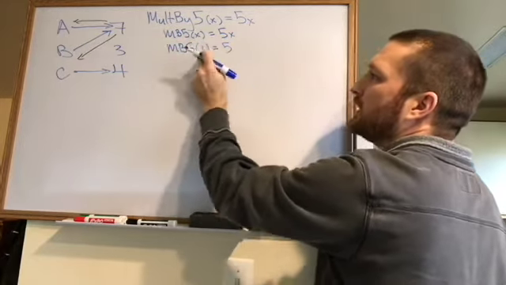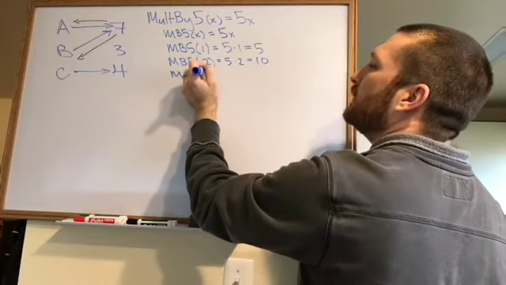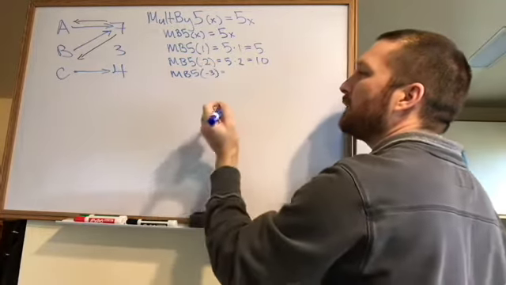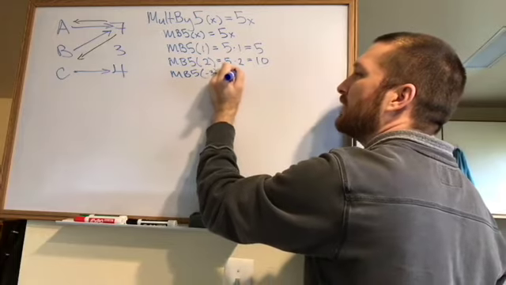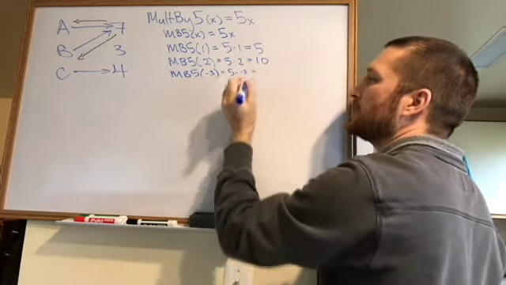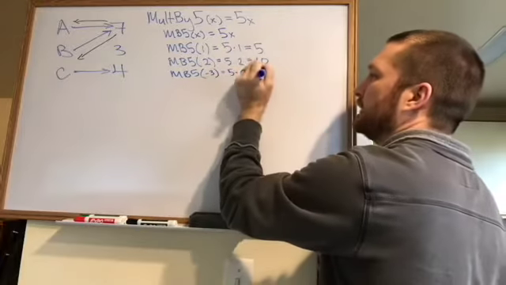We'll do a couple more. Multiply by 5 of, let's go -3. It'll be a little tricky here. Multiply by 5 of -3 is the same thing as 5 times the number -3, which comes out to -15.